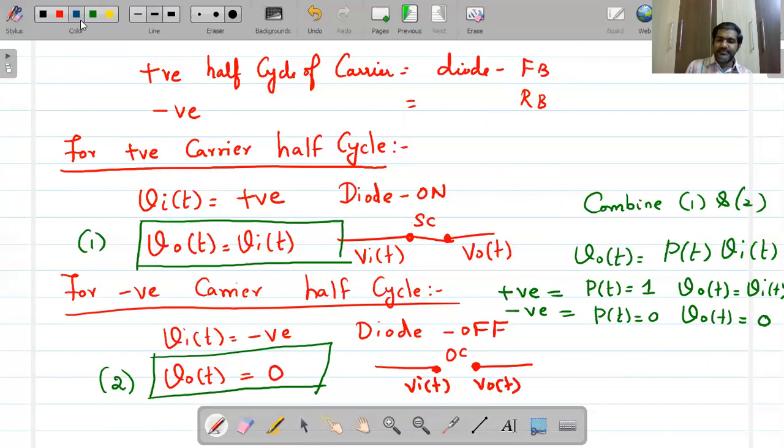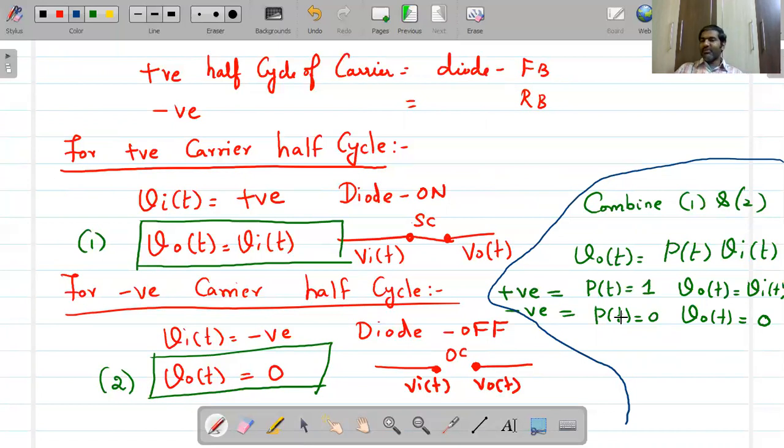Correct or not? This equation is very important. So combining 1 and 2, you have these two equations. What is your observation? During the positive half cycle of your carrier, your P of t is 1, and during the negative half cycle of your carrier, your P of t is 0. So what should this waveform be? 1, 0. During the positive half my P of t value should be 1, then it should be 0.